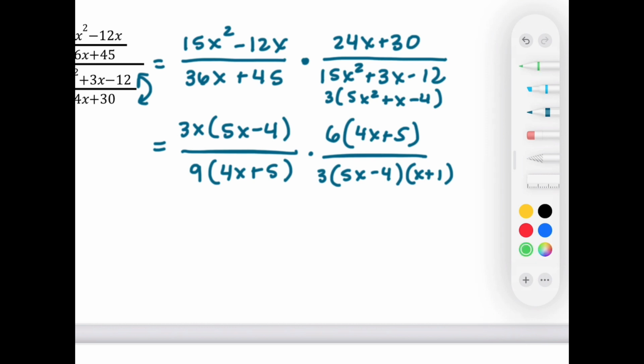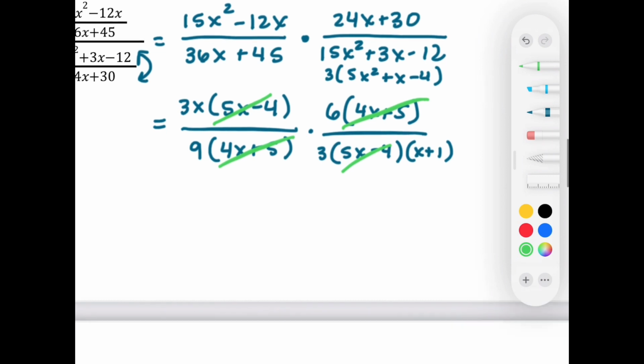And then let's cancel what we can. So we have a 4x plus 5 on the top and the bottom. We have a 5x minus 4 on the top and the bottom. And then let's look at our numbers. So this is where either you just want to multiply the numbers and then simplify, or you can kind of cross cancel. So if we think about it, we have a 3 and a 3. Those cancel each other out.